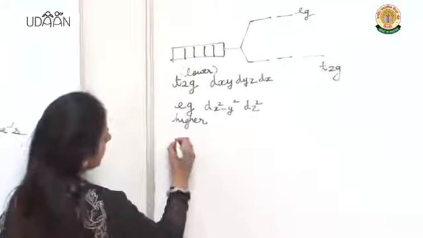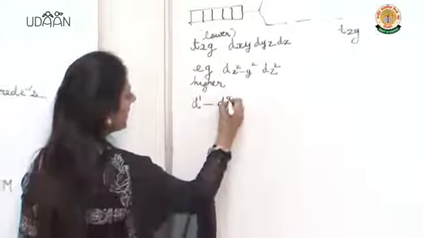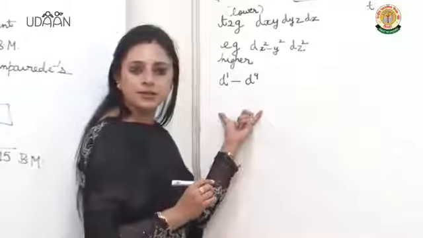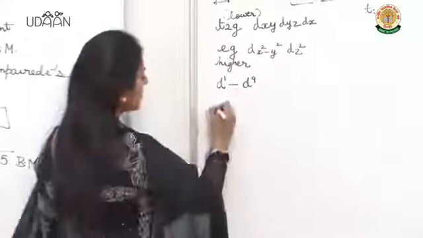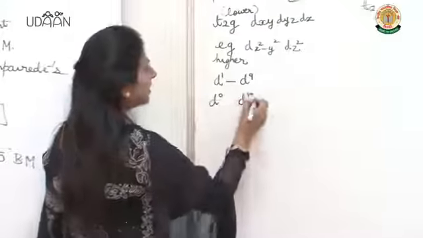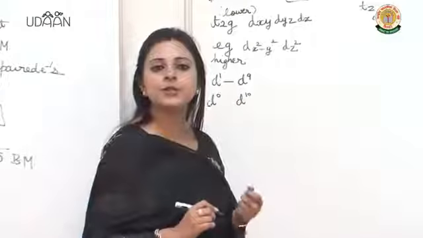The configurations d1 to d9 can show dd transition, but configurations d0 and d10 cannot show crystal field splitting.